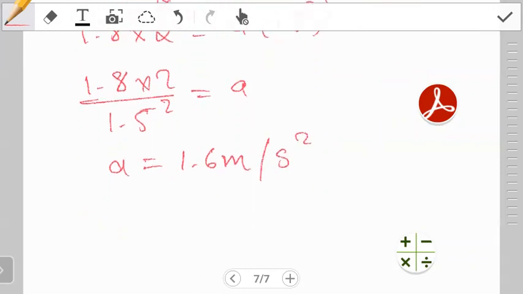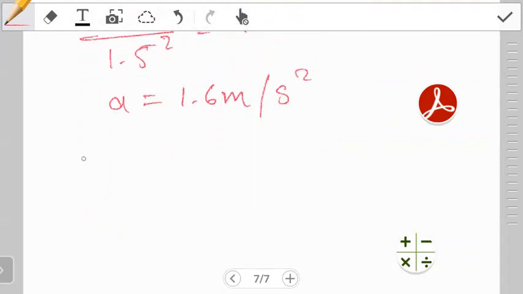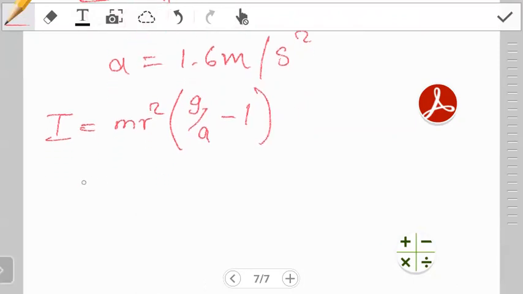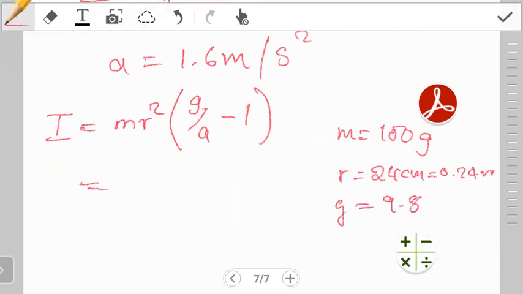Having found our acceleration, we remember our expression for the moment of inertia. I is equal to m r squared multiplying g over a minus 1. When you substitute, the mass of the object was given as 100 grams, which is 0.1 kg, and the radius was given as 24 centimeters, which is 0.24 in meters. G, of course, is 9.8, and we found that our acceleration is 1.6 meters per second squared.